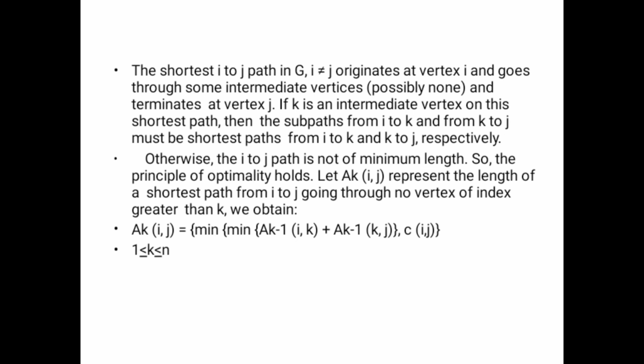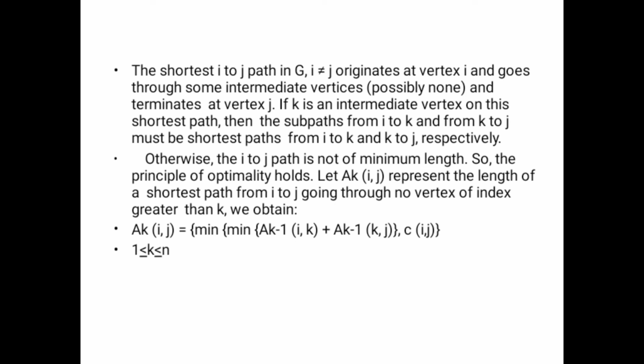If k is an intermediate vertex on this shortest path, then the subpaths from i to k and from k to j must be shortest paths from i to k and k to j respectively. Otherwise, the i to j path is not of minimum length, so the principle of optimality holds.